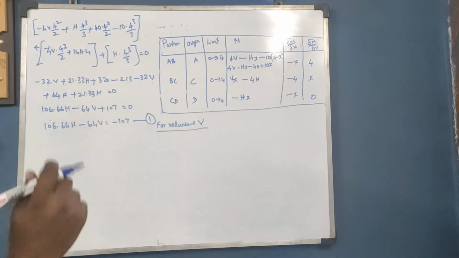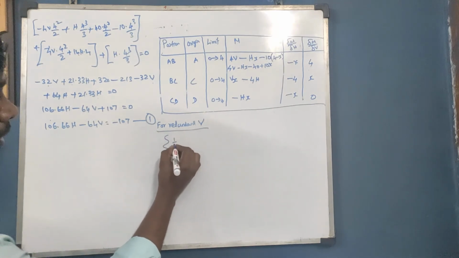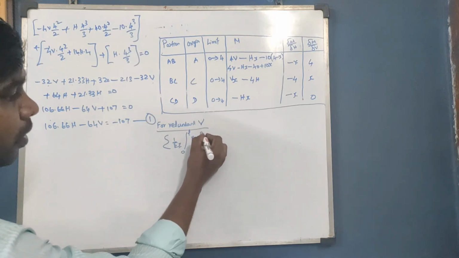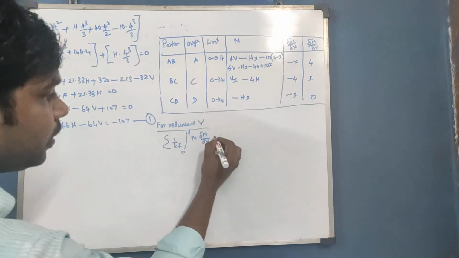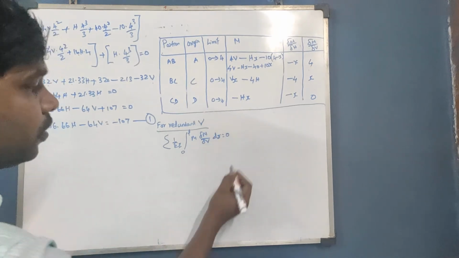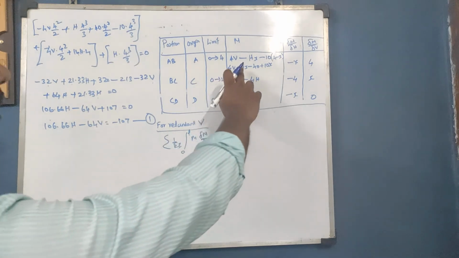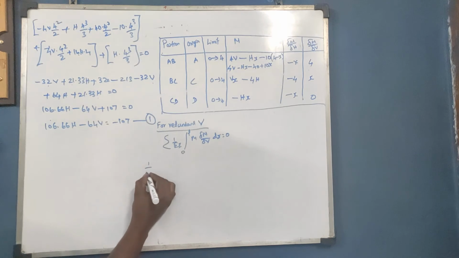Okay, for redundant V, so we can go for 1 by EA, integration of 0 to 4, dou M by dou V dx equal to 0. First, we can go for portion AB, 1 by EA common.